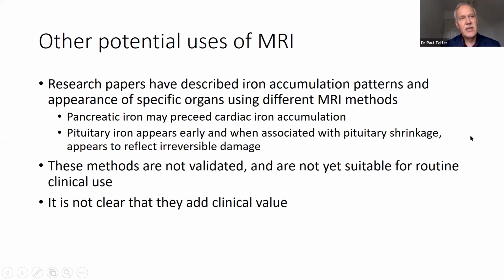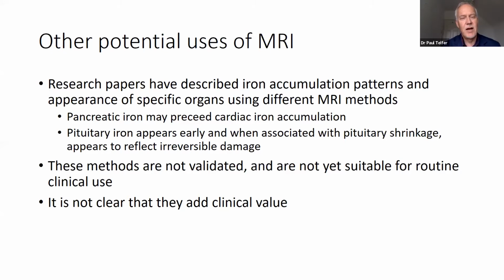However, both of these methods and others, again, have not been fully validated. And it's not clear that they provide vital clinical information to guide treatment beyond the methods that I described at the beginning of this talk.